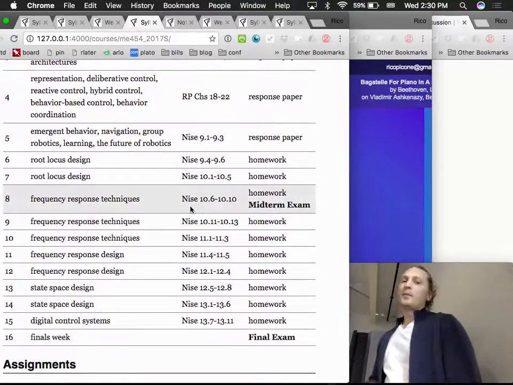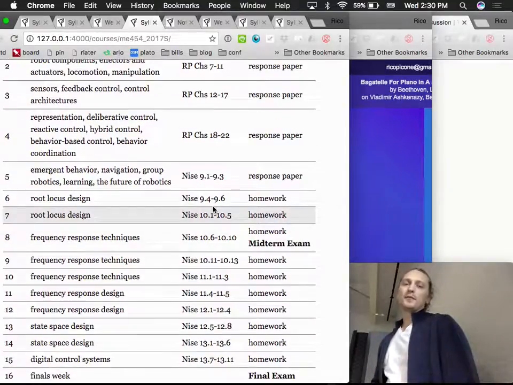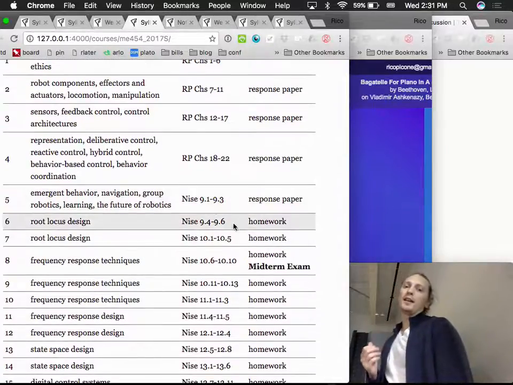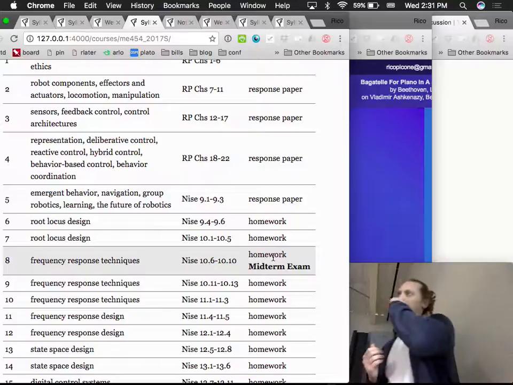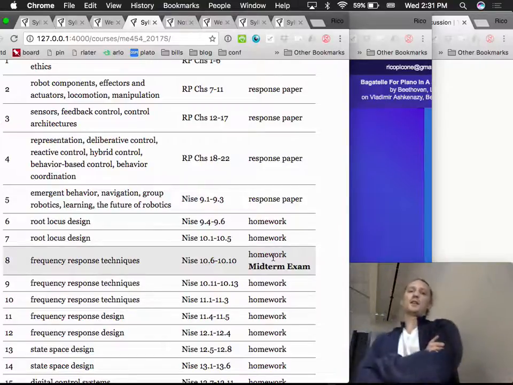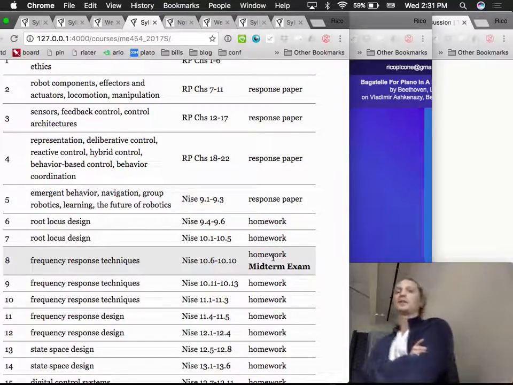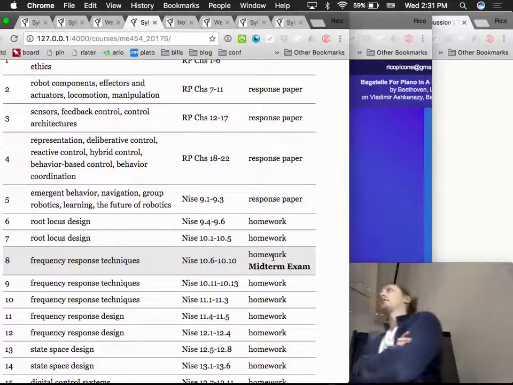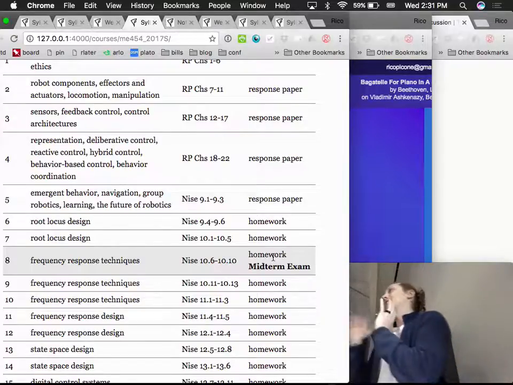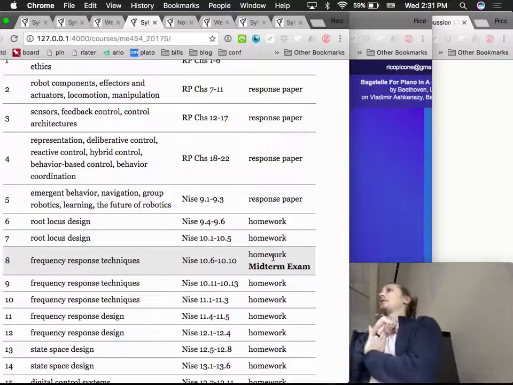There's going to be one midterm exam in the class. I have it in week 8, but I don't really know yet where it's going to end up, because I want to do part of the control stuff first, and then we'll do a test over that.